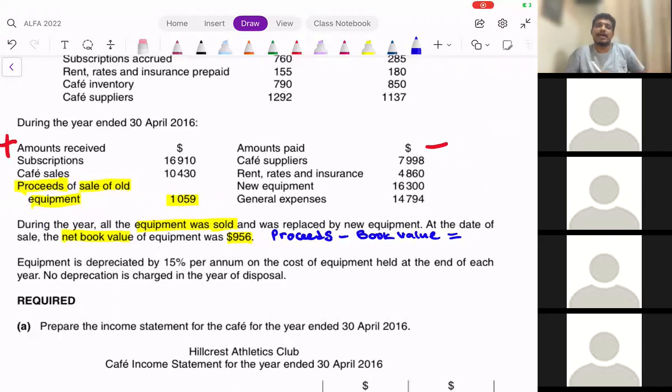So can you calculate the gain or loss on disposal of the equipment?